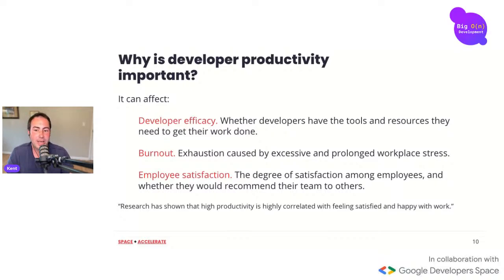I think one of the interesting things for me with developer productivity is that it affects more than just getting code out the door, but it can actually affect developers' mental states in a good way or a bad way.